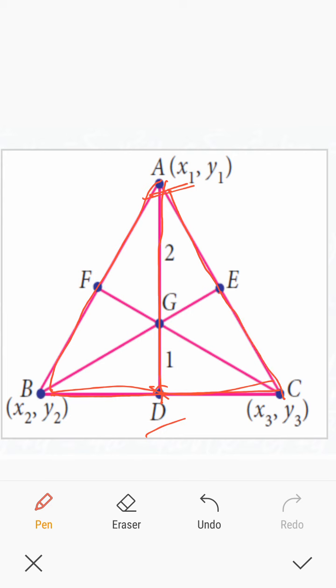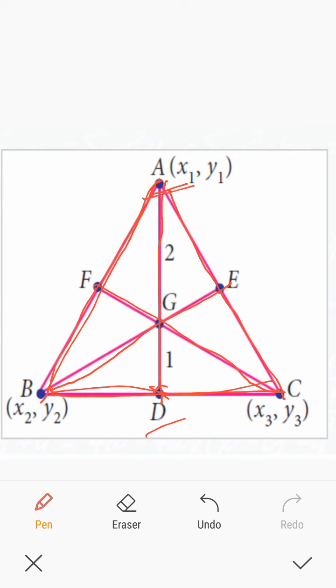E is the midpoint of AC. So BE is the second median. And C is the third vertex and AB is its opposite side. F is the midpoint of AB. So CF is the third median.